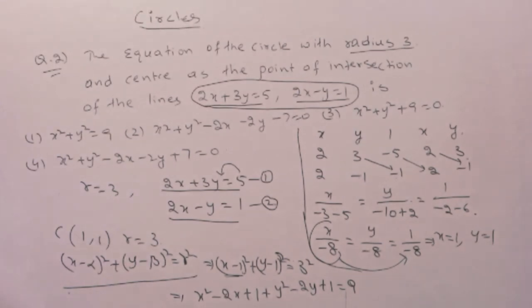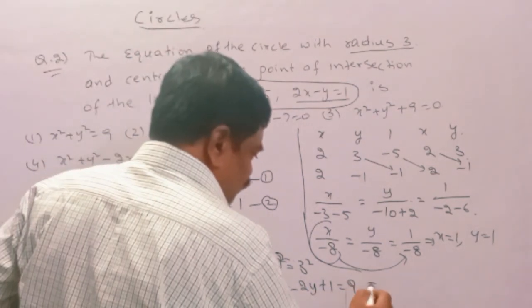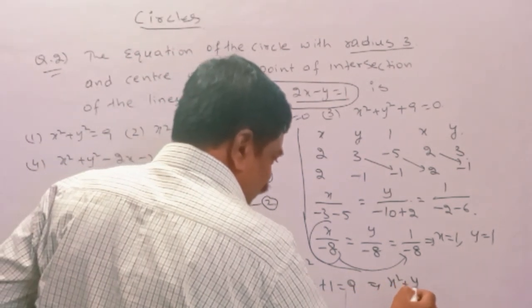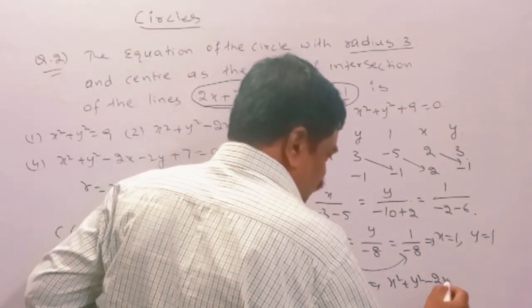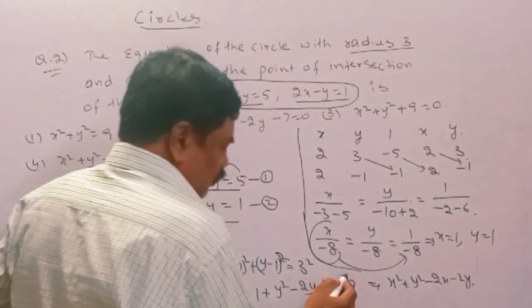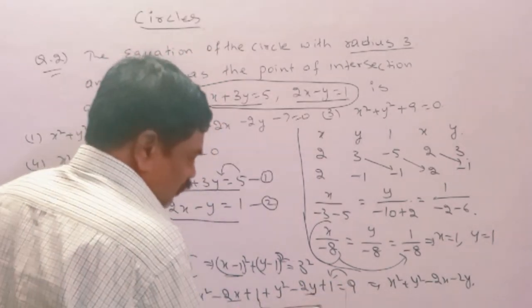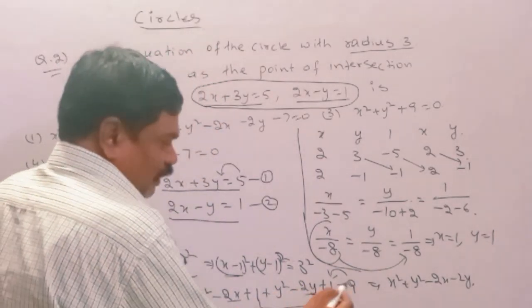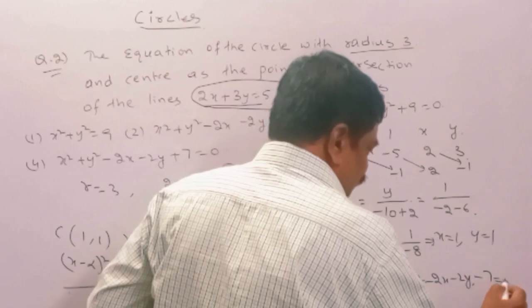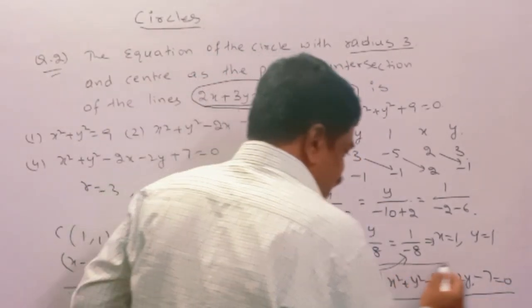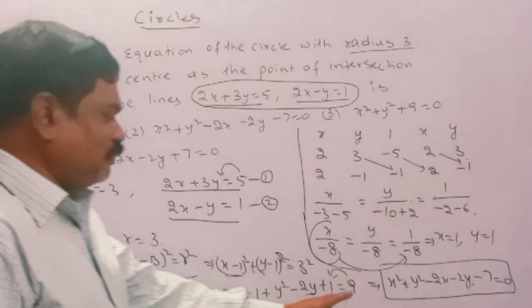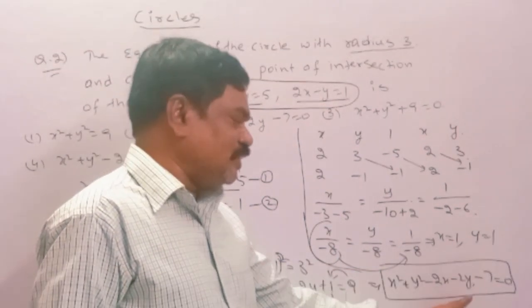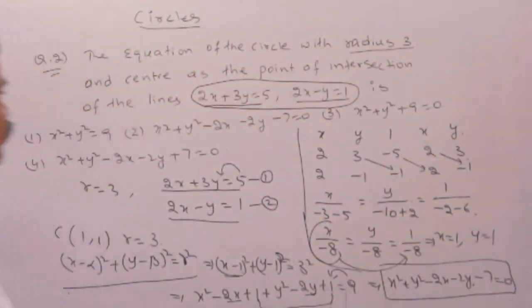Then this implies x square plus y square minus 2x minus 2y, and you can take 9 to this side: 1 plus 1 is 2, 2 minus 9 is minus 7, equal to 0. This is the required circle equation, x square plus y square minus 2x minus 2y minus 7 equal to 0.